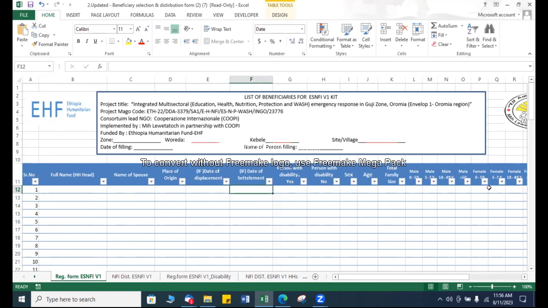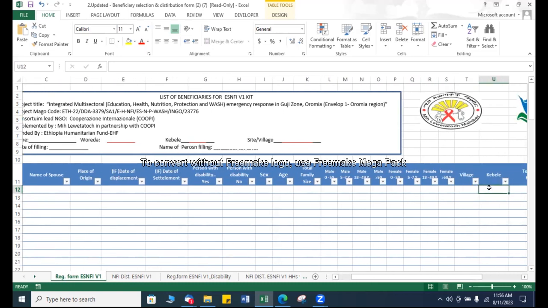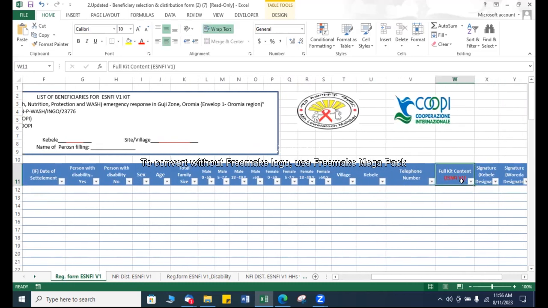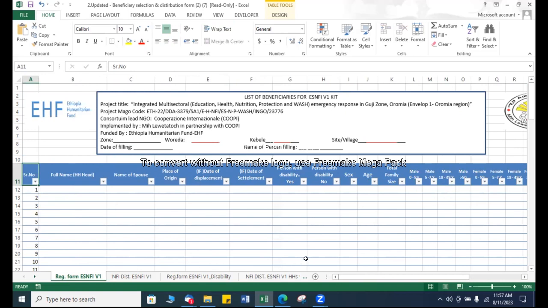So based on the activity types you have, you can contextualize, not the package, but if there are areas that you have to edit, for example, food kit content, here you can edit this part. But the rest of the registration of responses or beneficiaries has to be kept as it is.